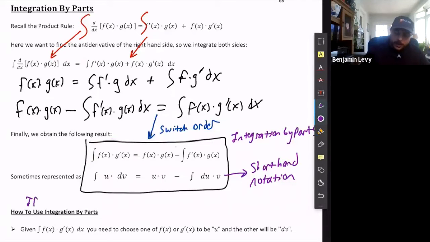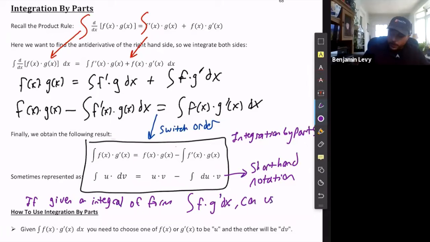And so let me just make that note. So if given an integral of the form integral of f g prime, we can use integration by parts.